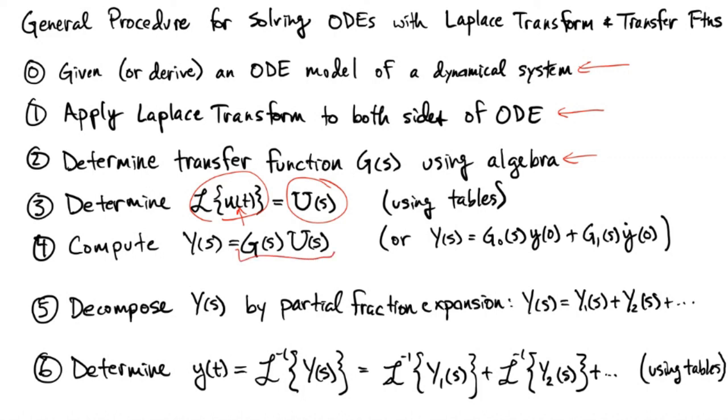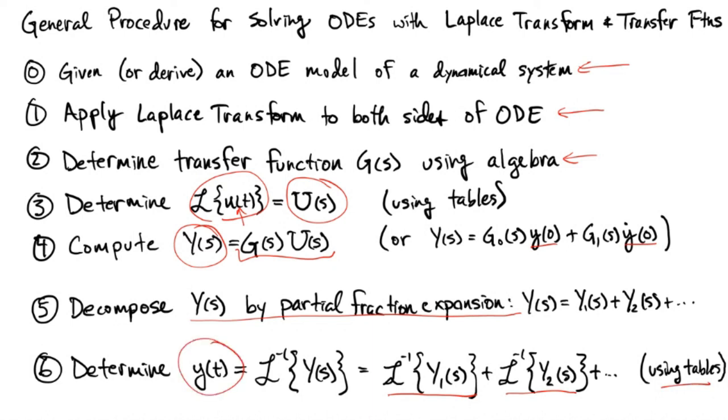So then we do take this product, and if we also have initial conditions, we could also include those. That's going to give us a really large y of s that then we simplify, we break down by partial fraction expansion. And then we use the linearity of the inverse Laplace transform to individually take the inverse Laplace transform of each of these terms, again using our tables, to produce our final solution.